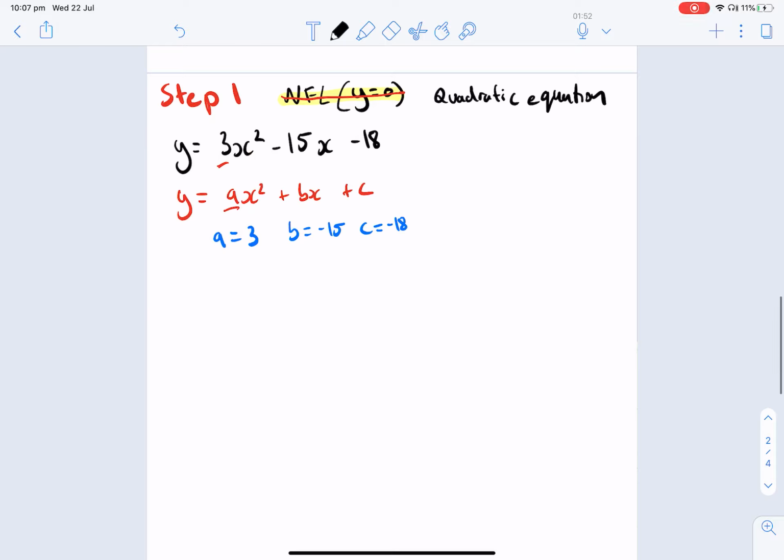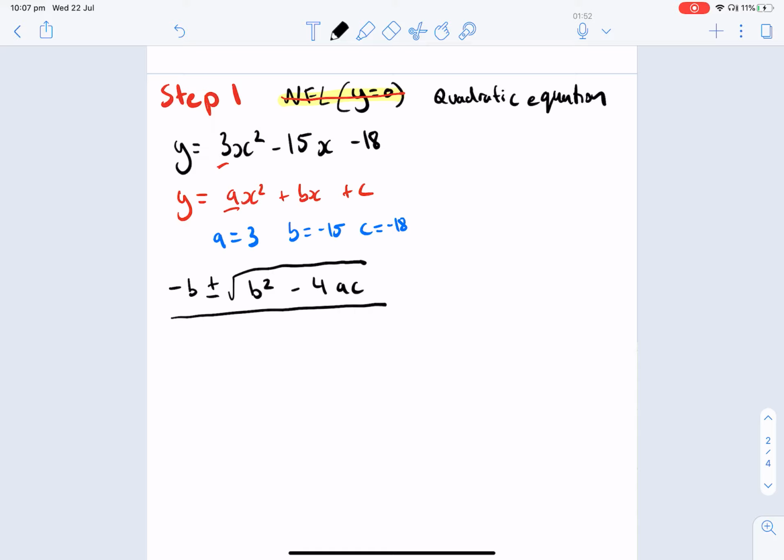We all remember our quadratic equation formula, which is negative b plus or minus, because we've got two coordinates, the square root of b squared minus 4ac, all over 2 lots of a.